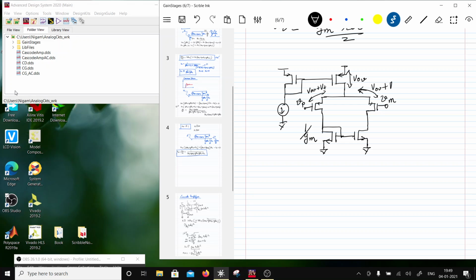Let's say this is transistor 1, this is 2, this is 3, this is 4, this is 5, and this is 6. Transistor 3 is matched to transistor 4, so they are the same size. Then V overdrive plus VT for both is the same. So this voltage is held at twice V overdrive plus VT, and this also is held at twice V overdrive plus VT, or more. So they are held at the same DC voltages.